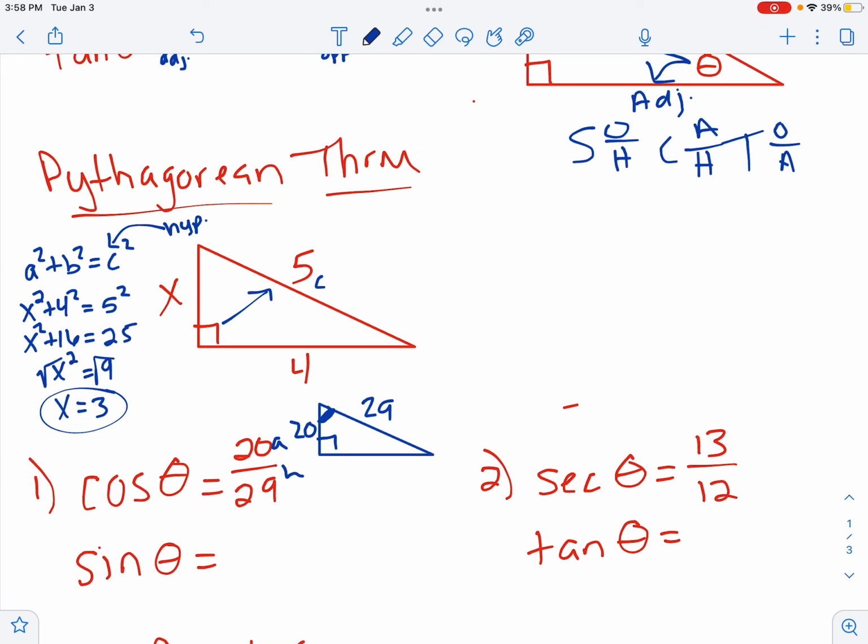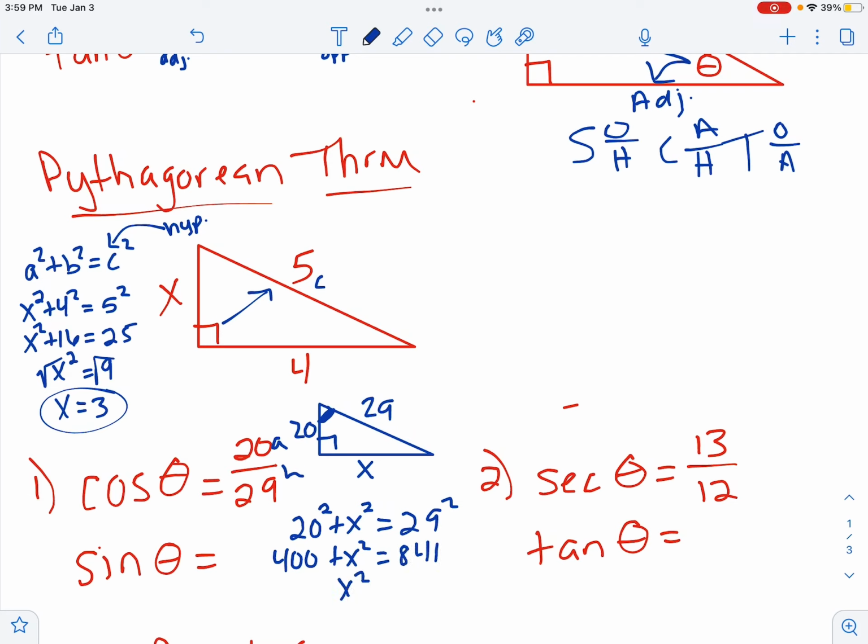Well, if I need sine from that same angle, I'm going to have the opposite, which I don't know. How do we find the missing side? We can use the Pythagorean theorem. So I have 20 squared plus x squared equals 29 squared. I'm going to plug that in my calculator. 20 squared would be 400, and 29 squared would be 841.